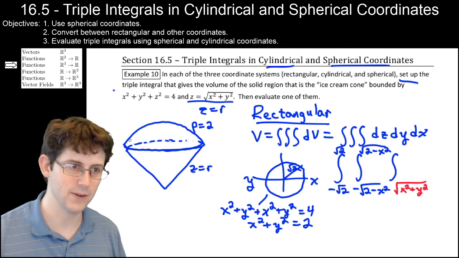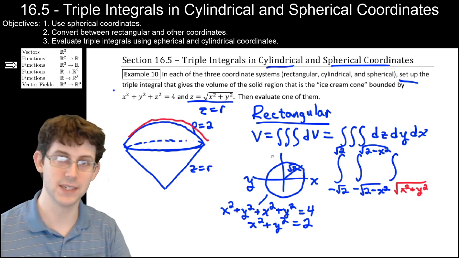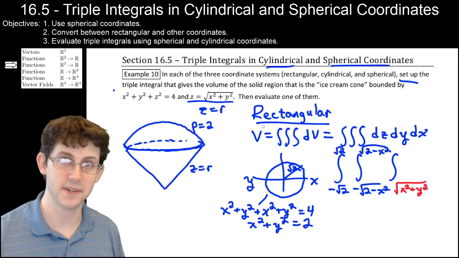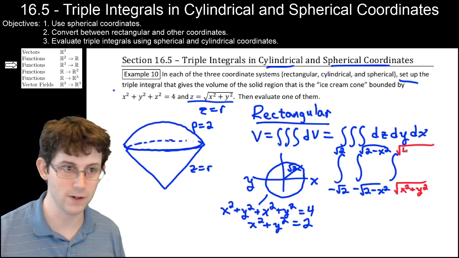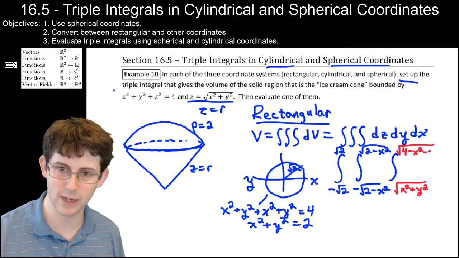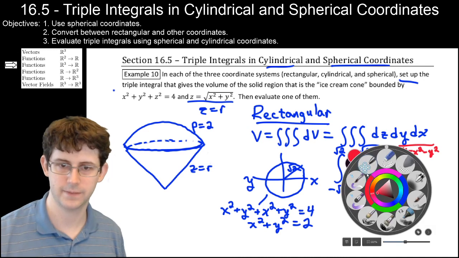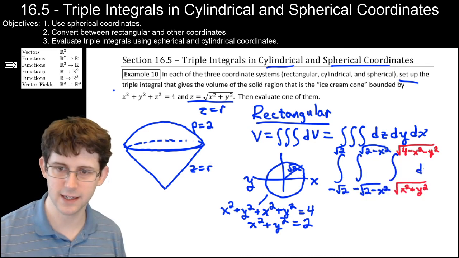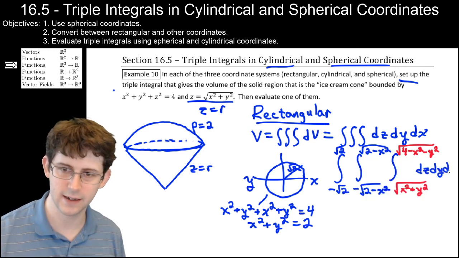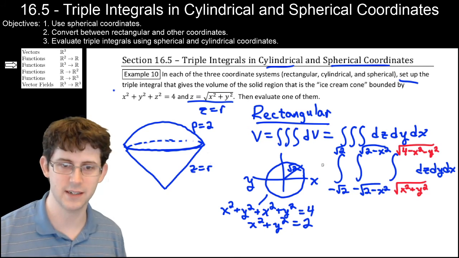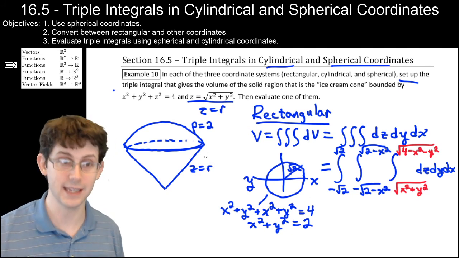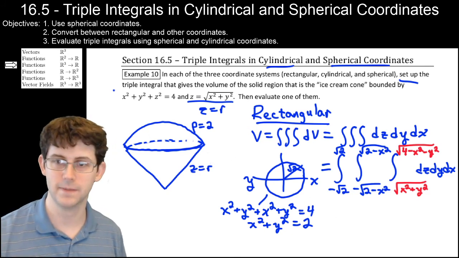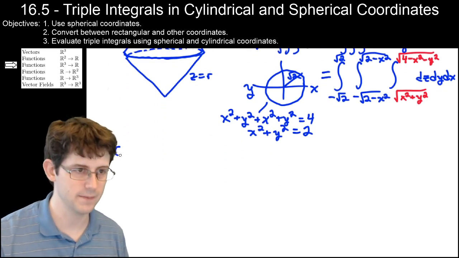And the upper bound would be the sphere solved for z, which is square root of 4 minus x squared minus y squared. And this is all dz dy dx. I have no interest in doing this integral, but if we did it, we would get the volume of the ice cream cone. So, no thanks.